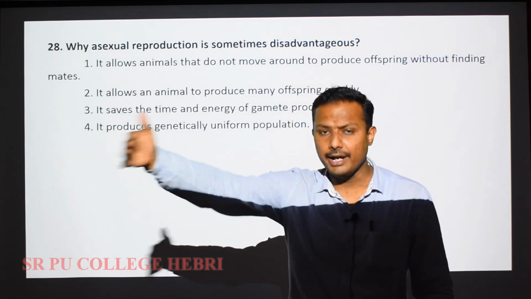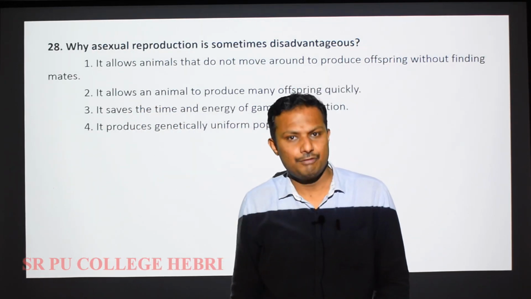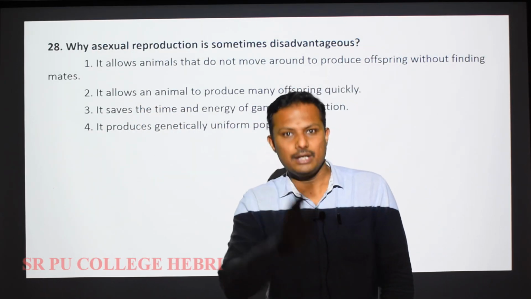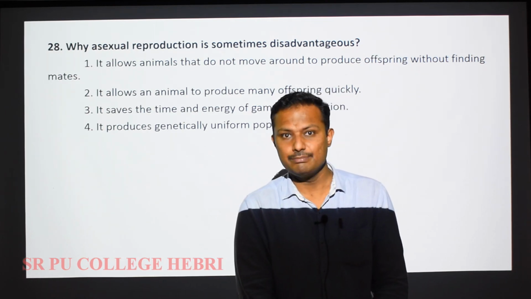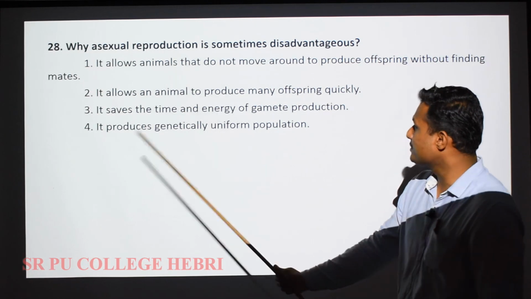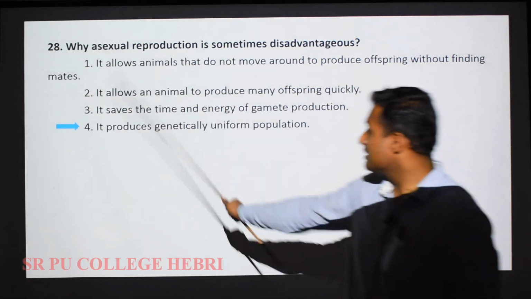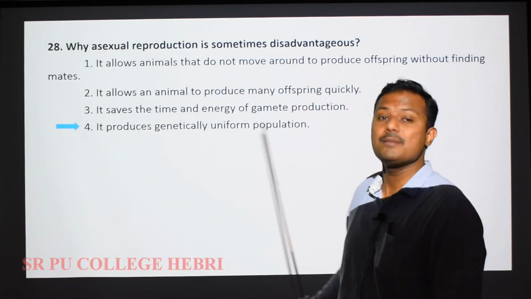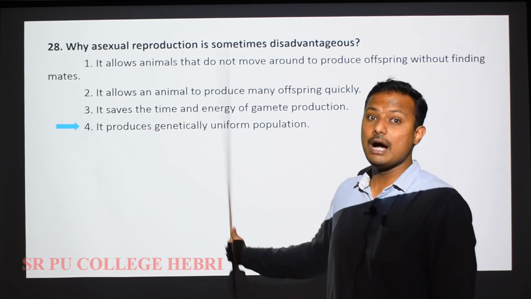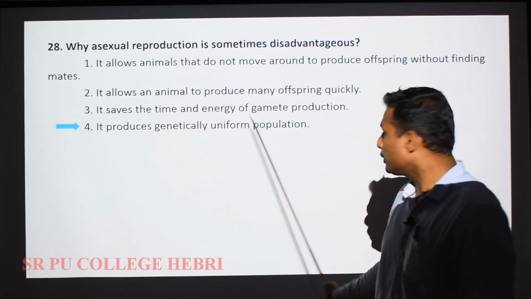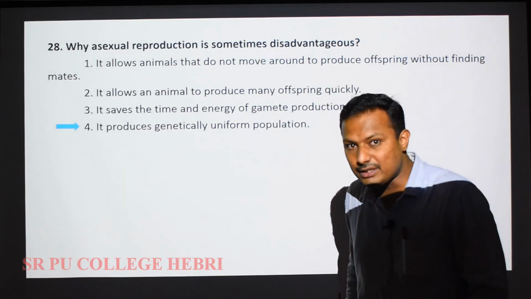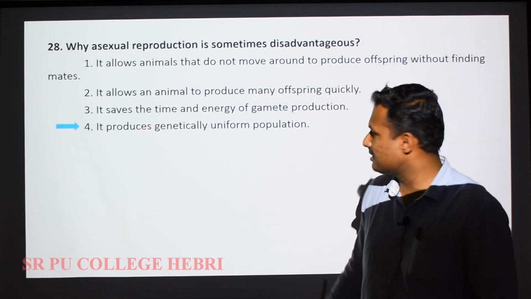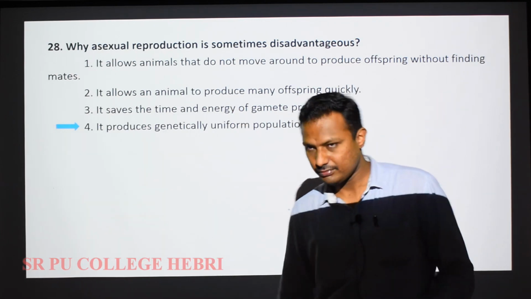In the long run, it will undergo deficiency or a kind of instability, or you can say biological impotence. That is what is called inbreeding depression, and it produces a genetically uniform population. Sometimes this can be beneficial, especially for high yielding varieties, but genetic uniformity in the long run may also cause reduced biological fitness in the organism, and that is what this option says.